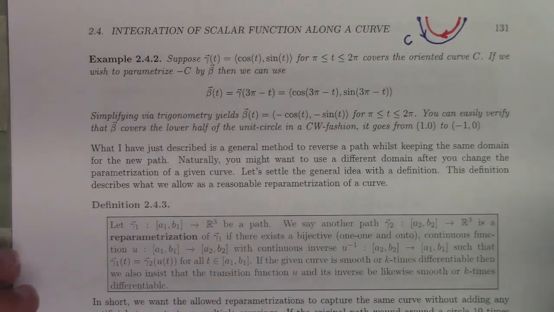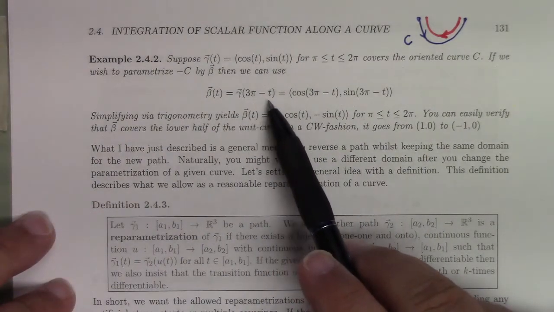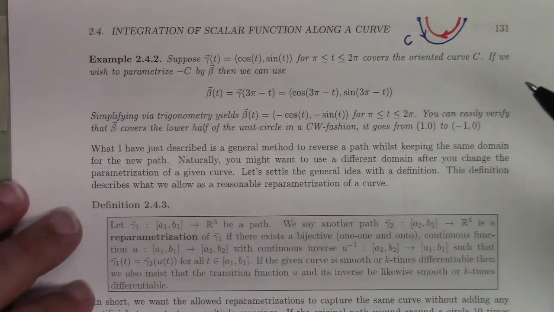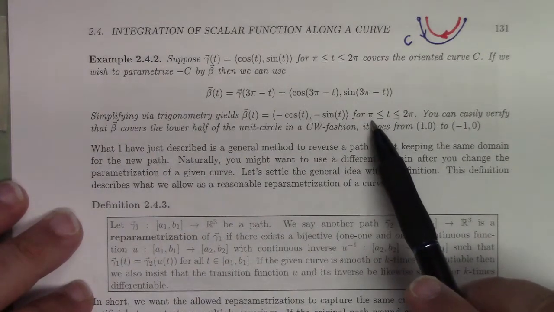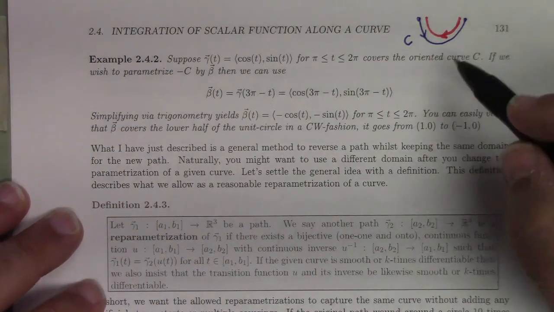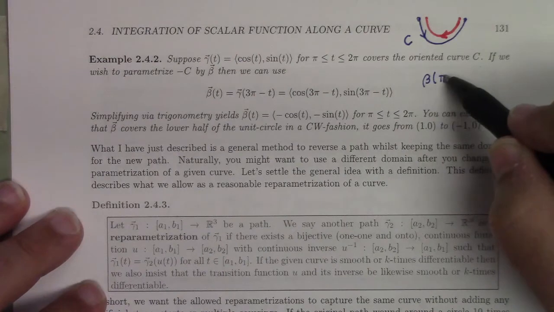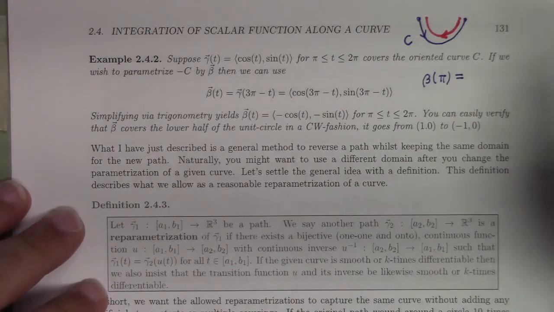And so I say we could use beta of t as gamma of 3 pi minus t. That would work. Let me see, is that right? Beta of pi, what's that? So I think there's a couple different things you could do here.